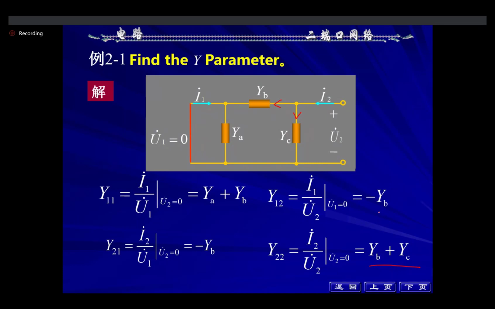So Y12 is minus YB. So for this circuit, the Y parameter matrix is YA plus YB, minus YB, minus YB, YB plus YC. So this is the Y parameter for this circuit.